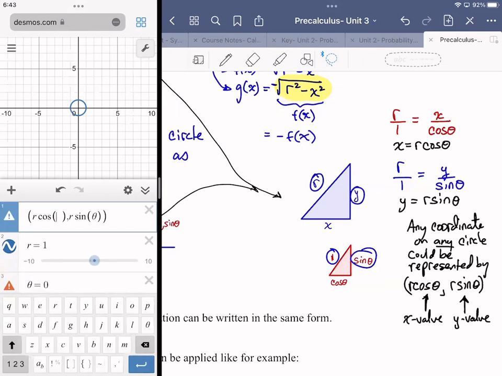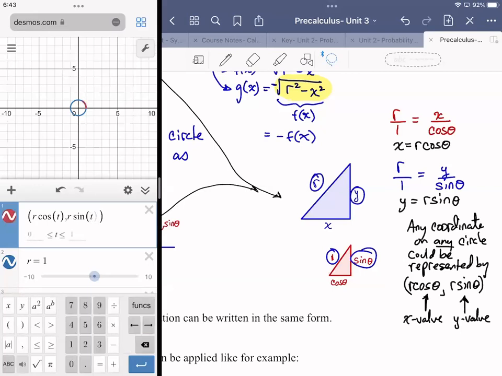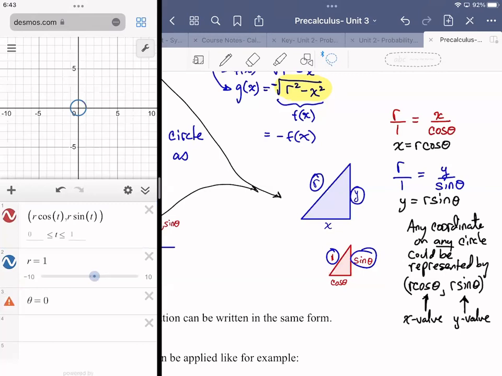Let me use a different variable for a sec. Let's use a t for now. Sometimes Desmos has a hard time with the Greek letters. So sometimes we use t for theta.